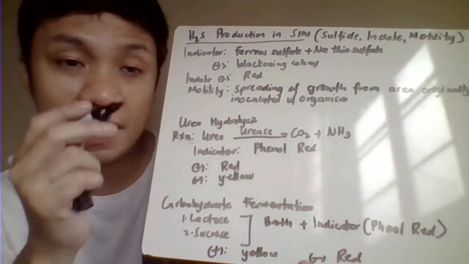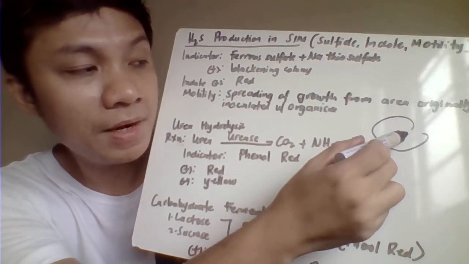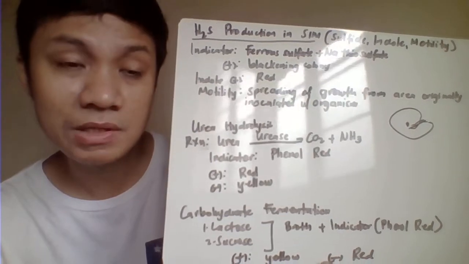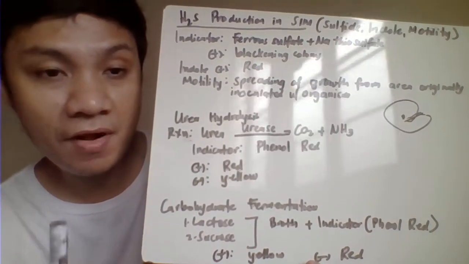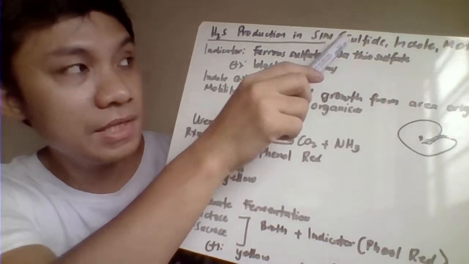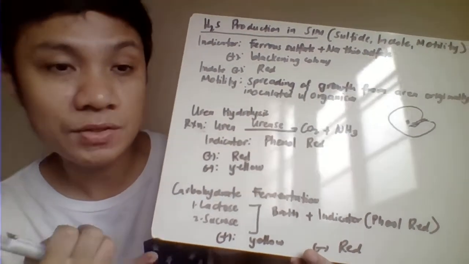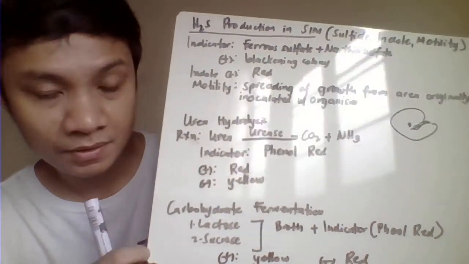Parang lumipat, for example, kung dito ka inoculate, tapos parang pumunta doon ang mga colony niya, so mean to say that one is a motile. You try to spread to other areas from the area where you try to inoculate. Okay, so this test will give you three positive results here: test for the H2S, test for the indole, and test for the motility.